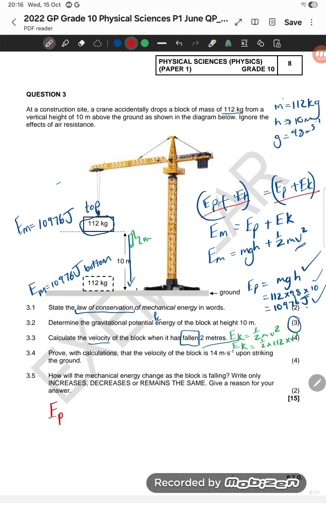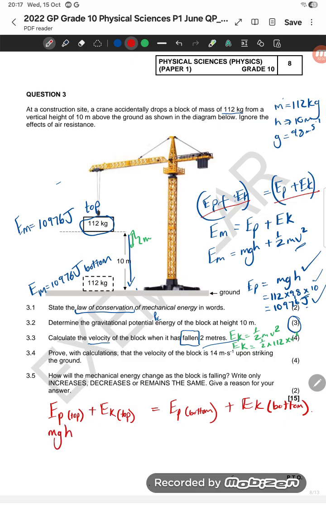So EP at the top plus EK at the top is equal to EP at the bottom plus kinetic energy at the bottom, because of the law of conservation of mechanical energy. Okay, so what have I got?